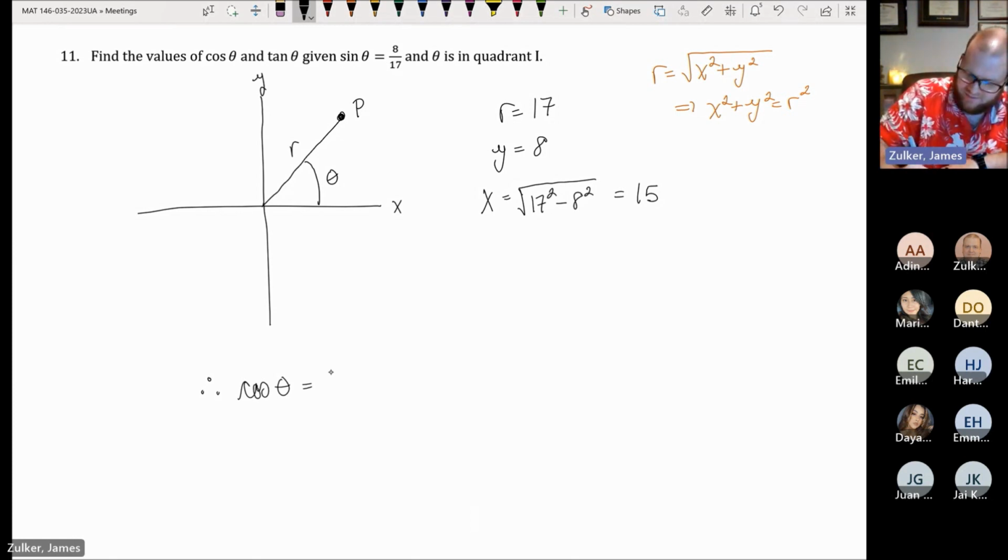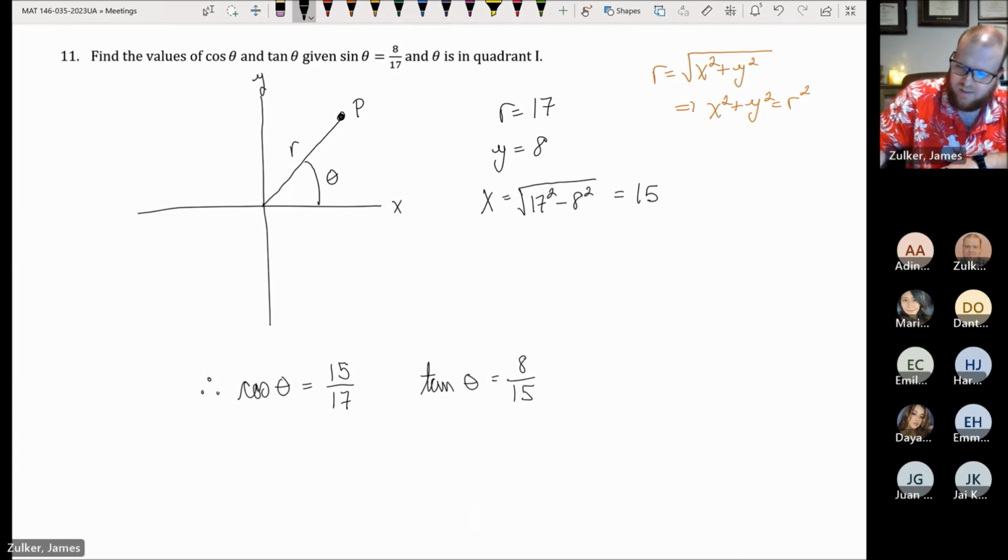Cosine of theta is then 15 over 17. Tangent is 8 over 15.